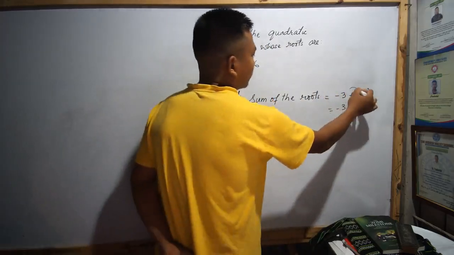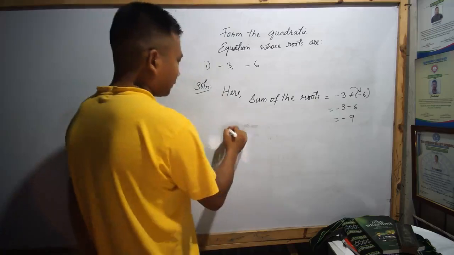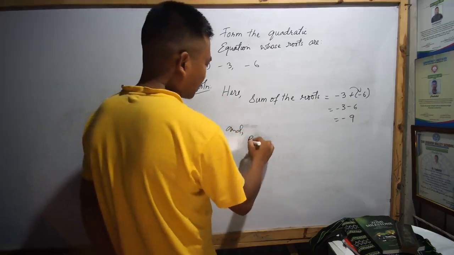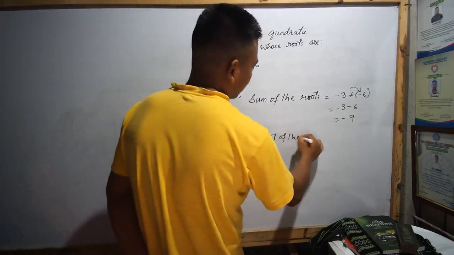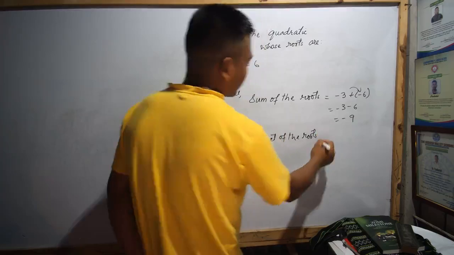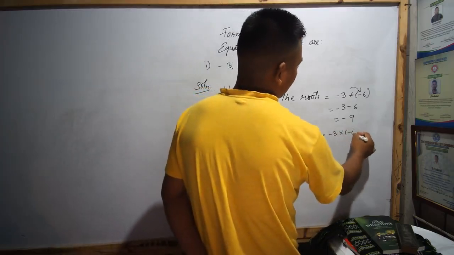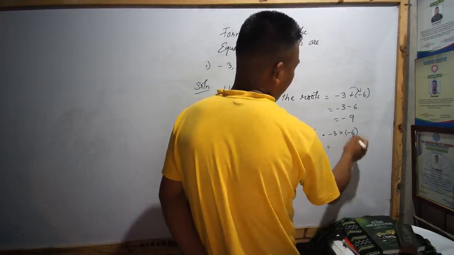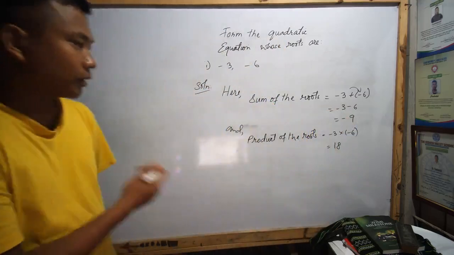And product of the roots: minus 3 into minus 6, 3 sixes are 18, minus into minus will be plus, so product of the roots will be 18.